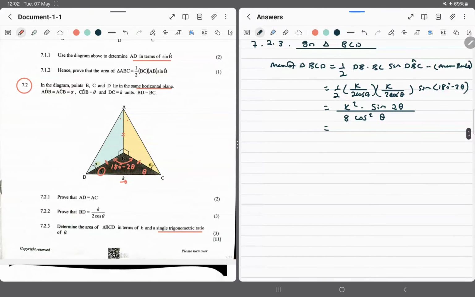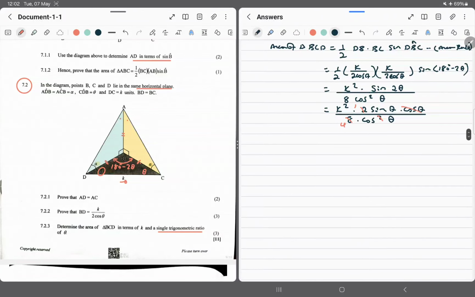Okay, so this becomes K squared times 2 sine theta cos theta divided by 8 cos squared theta. So the square takes that cos, 2 takes that one also. So what do we have here?